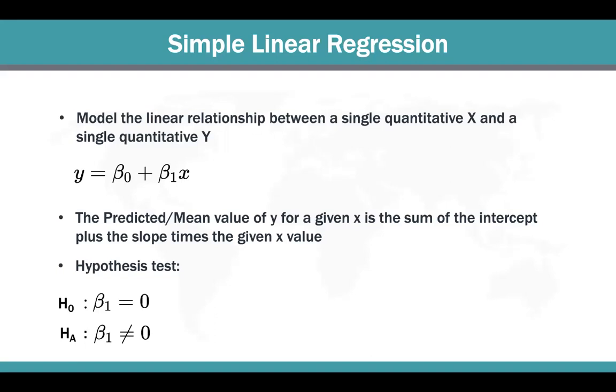The null hypothesis is that B1, the slope of the relation between x and y, equals 0. The alternative hypothesis is that the slope does not equal 0. If you don't understand what a hypothesis test is, we will talk about it later.